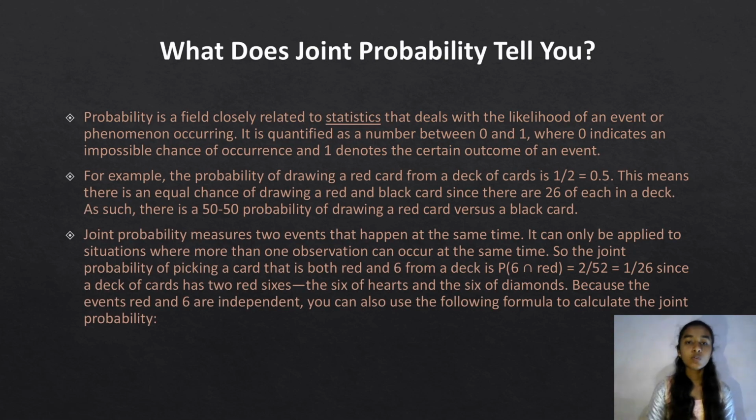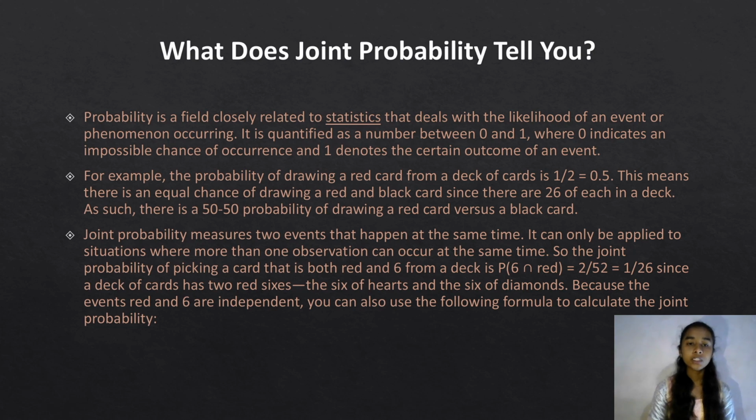And let's see, what does joint probability tell you? Probability, a field closely related to statistics, deals with the likelihood of an event or phenomenon occurring. It is quantified as a number between 0 and 1, where 0 indicates an impossible chance of occurrence and 1 denotes the certain outcome of an event.